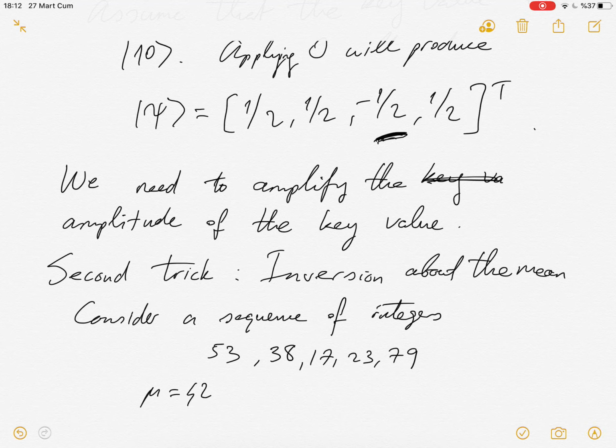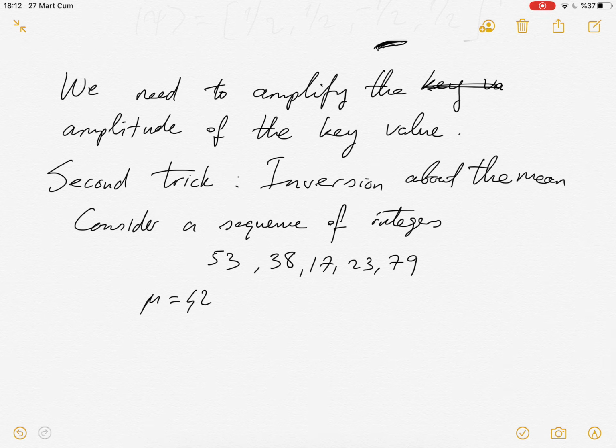If we want to invert an element alpha around 42, then the new value of the element will be alpha prime, which will be equal to mu plus mu minus the original value, and this is equal to 2 times mu minus alpha.